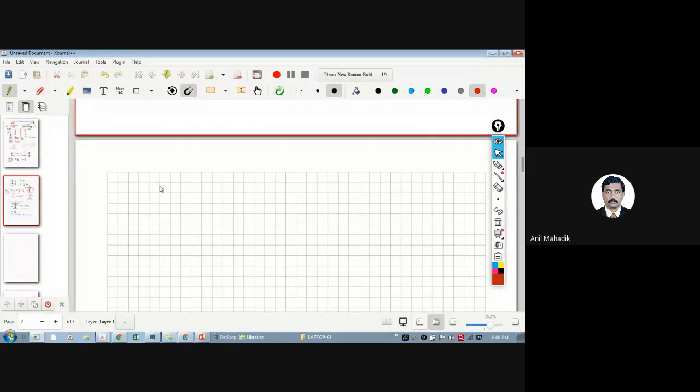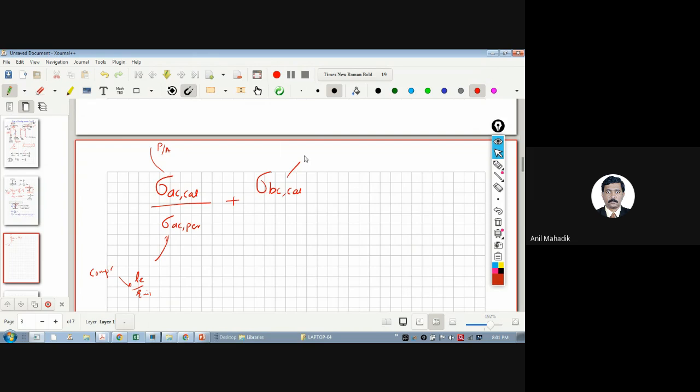We have sigma AC calculated, which we got from P by A. Then sigma AC permissible, which we got from L effective upon R minimum, depending on L by R, exactly from the compression member design table. Then plus sigma BC calculated, which is nothing but M upon Z.